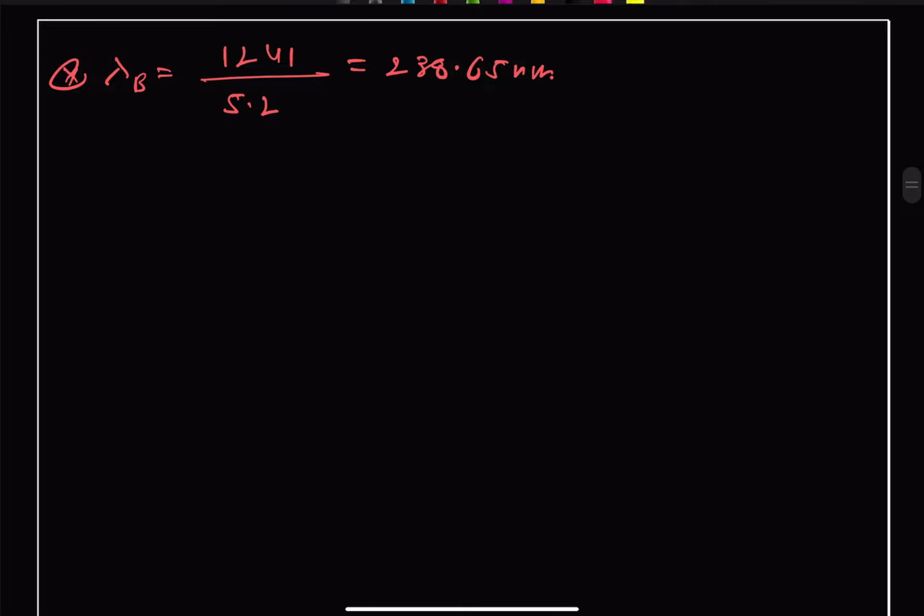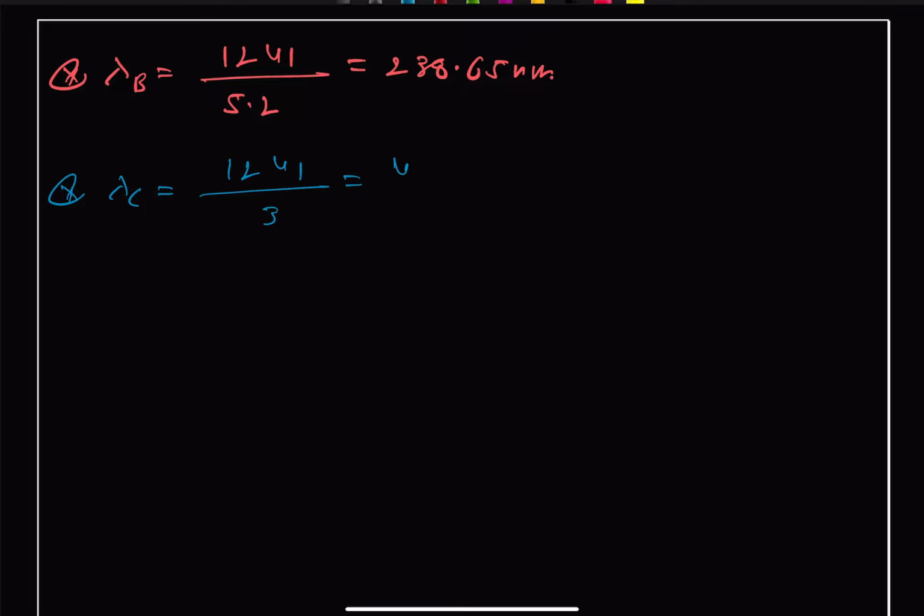Now lambda B will be equal to the product hc, that is 1241, divided by 5.2. This will give us 238.65 nanometer. Lambda C is equal to 1241 divided by 3.